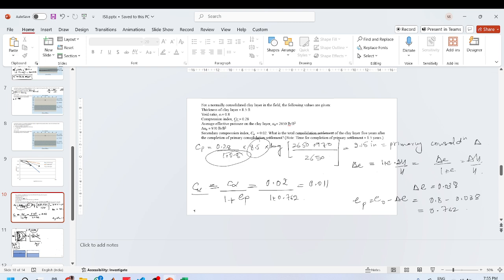So your final EF will be EP minus delta E secondary consolidation 0.011, 0.762 minus 0.011, 0.751. This will be your final void ratio.